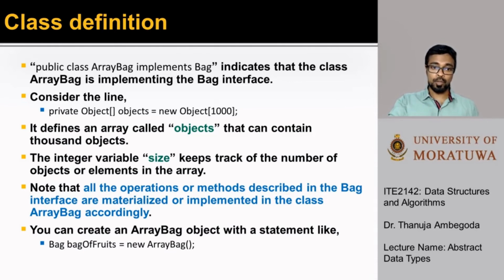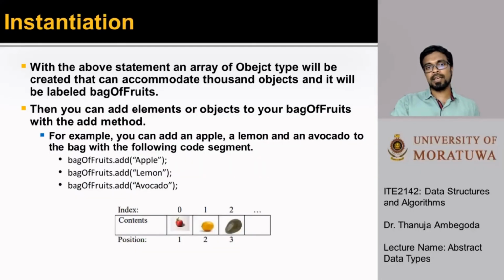And when you want to create an ArrayBag object, you can do it like this. So bagOfFruits equals new ArrayBag. With that kind of instantiation of an ArrayBag object that we named bagOfFruits, you should remember from the code, it allocates a size 1000 array.